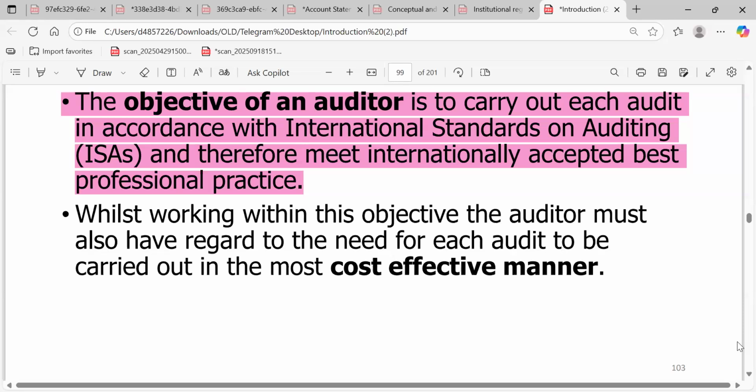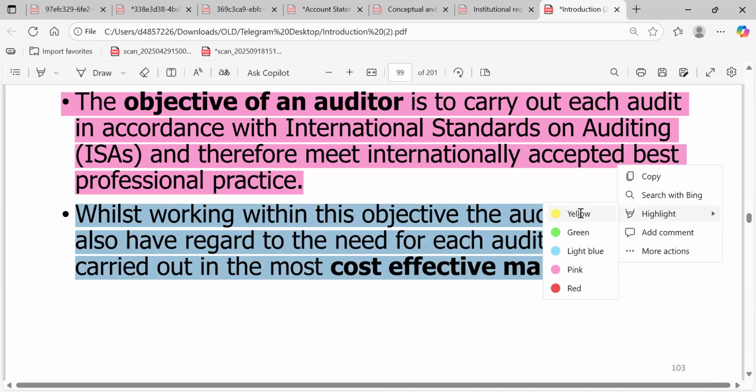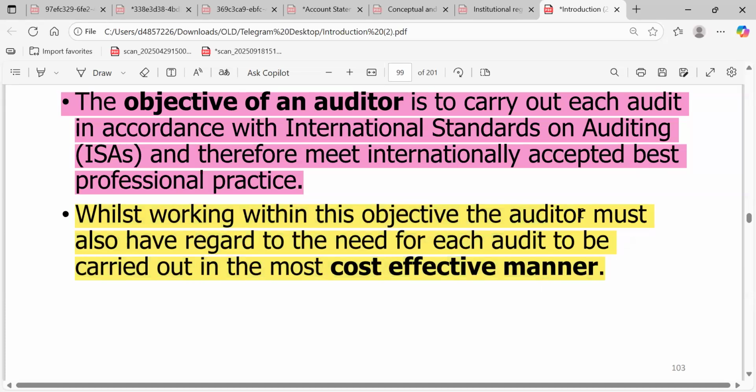And we continue that whilst working within this objective, the auditor must also have regard to the need for each audit to be carried out in the most cost-effective manner. We are saying that the auditor must follow the standards thoroughly. He must also be mindful that there's a cost implication to whatever he's doing. So therefore, he must do a cost-benefit analysis.